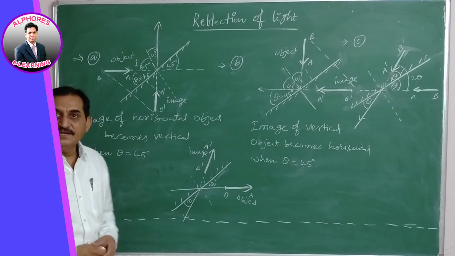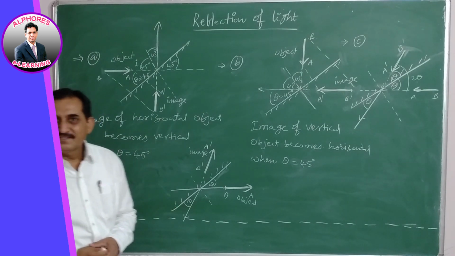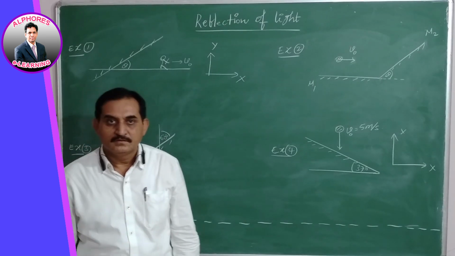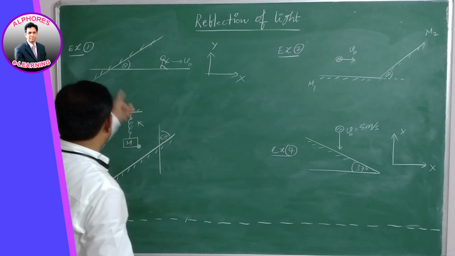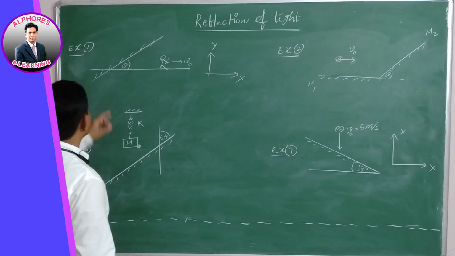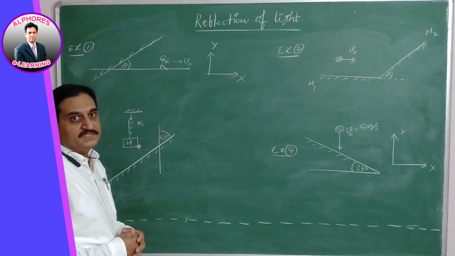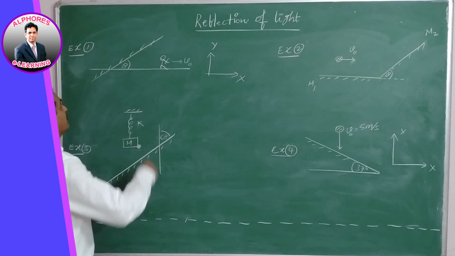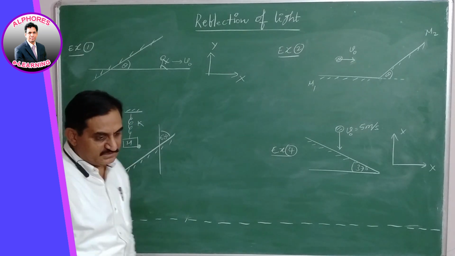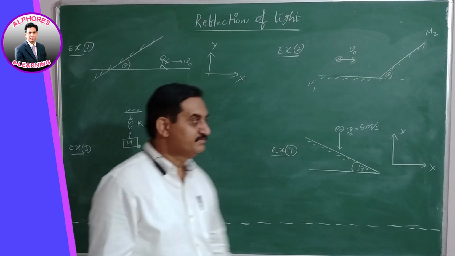Let us move on to related problems. Let us move to the first problem. A person is moving with a velocity v0 on horizontal ground. A plane mirror is making an angle theta with the horizontal.